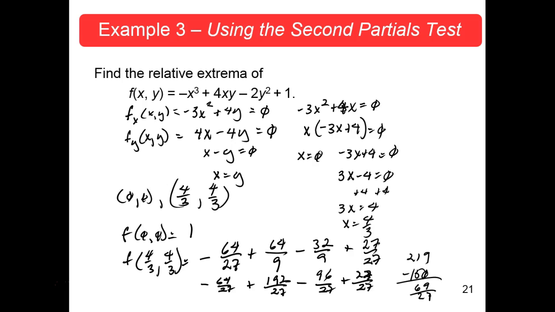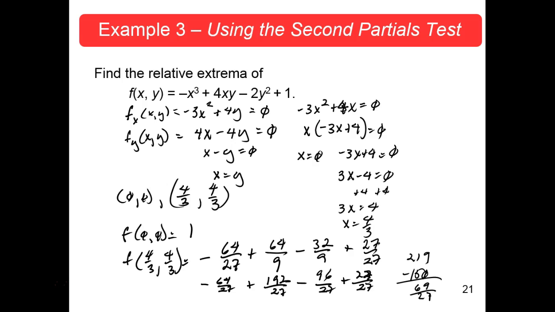So just right now, I'm guessing that the second one, 4/3, 4/3, is going to be a relative maximum. And 0, 0, I'm not sure whether it's going to be a relative minimum or not. It could be neither of them are.